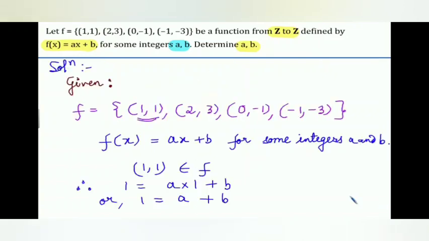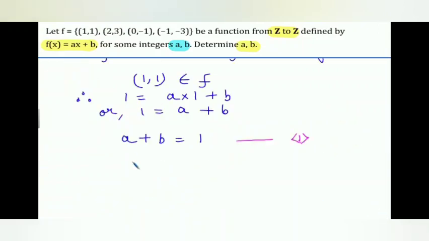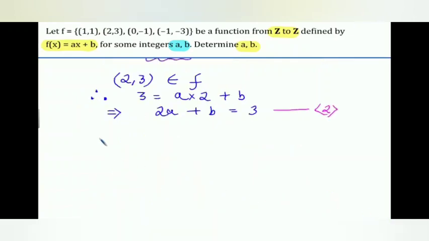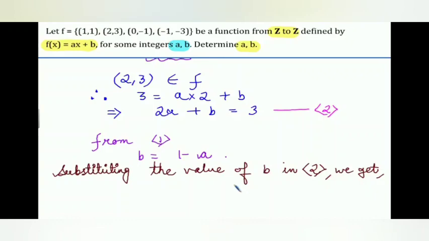Now if you put 2, what will your answer be? 3. Putting 2 in place of x, f of x is 3. So 3 is equal to 2a plus b, 2a plus b is equal to 3, b is equal to 1 minus a.